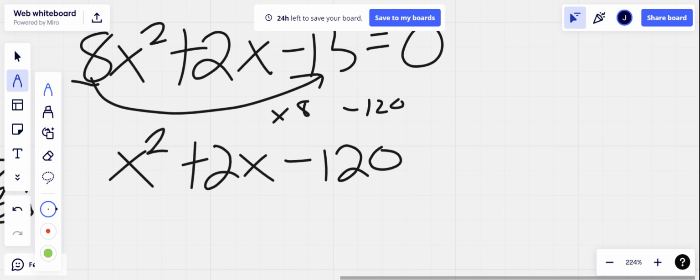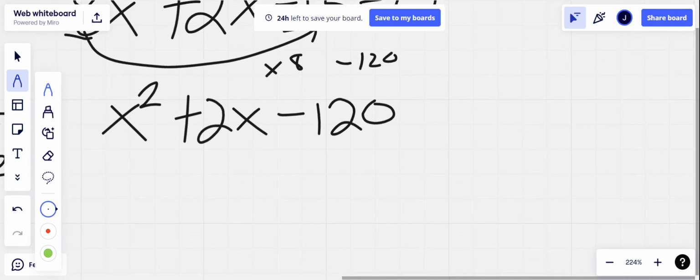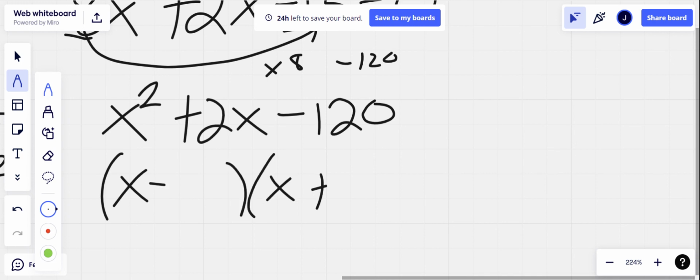Okay, so now I can factor this. This is factorable. What two numbers can we use? We've got to add up to 2, but multiply to negative 120. So we're going to be looking at a negative and a positive in my factors, right? We're going to have x minus something, x plus something. So you can go through all the factors of 120 to find ones that work.